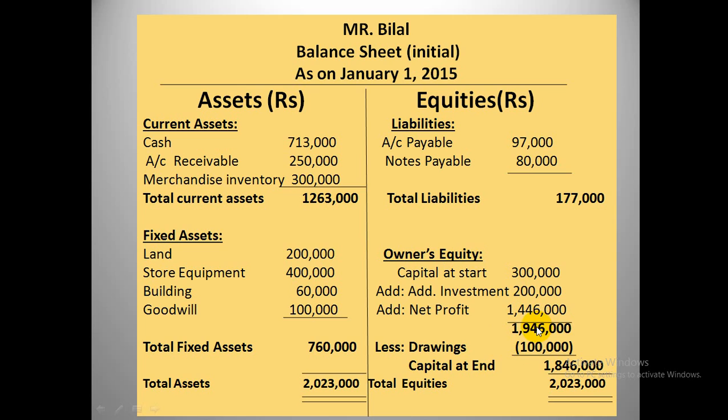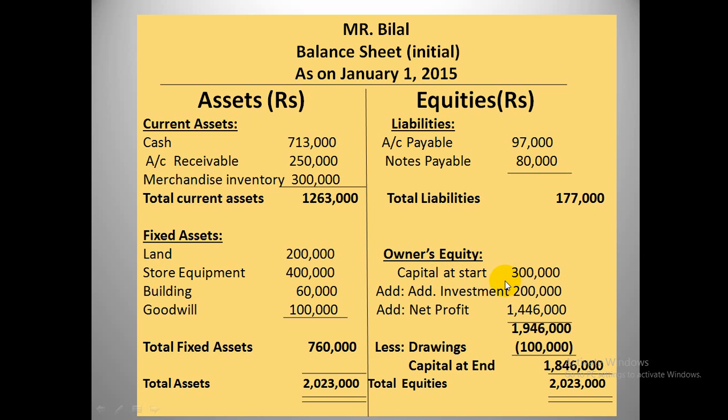And whatever total you are getting, you subtract your drawings from it, and the answer which we get is called capital at end. This capital at end is further added with the total liabilities, and this is how we find out total equities. Now in the missing figure approach, we are using these amounts. These are 5 amounts altogether.